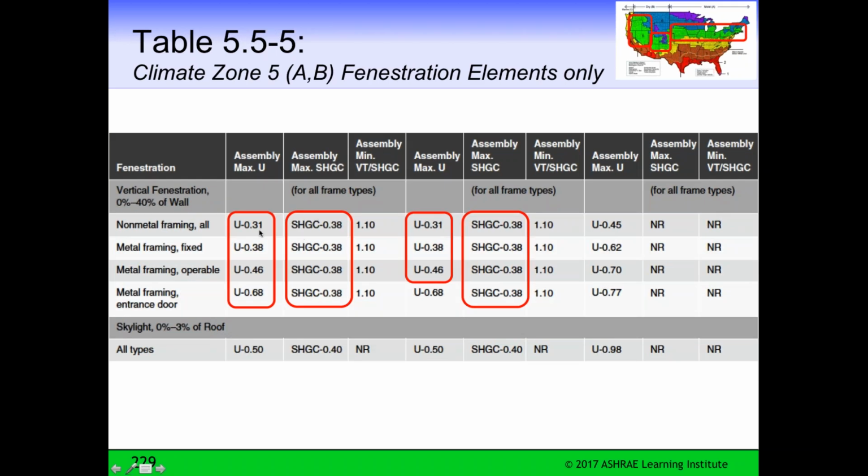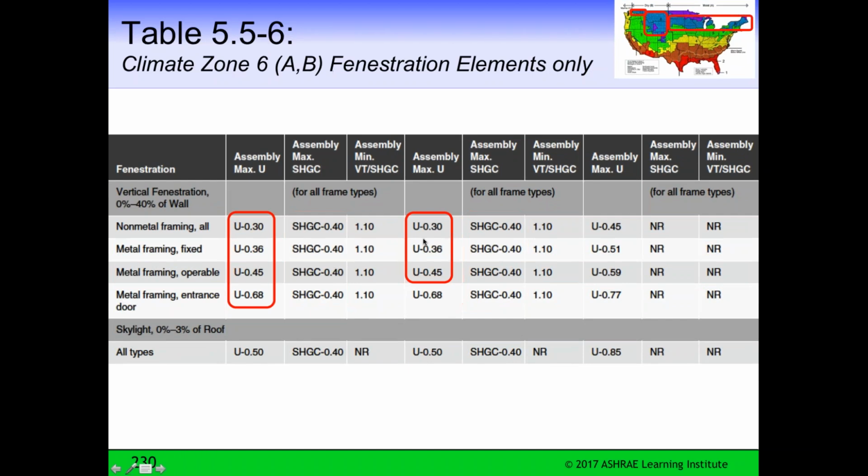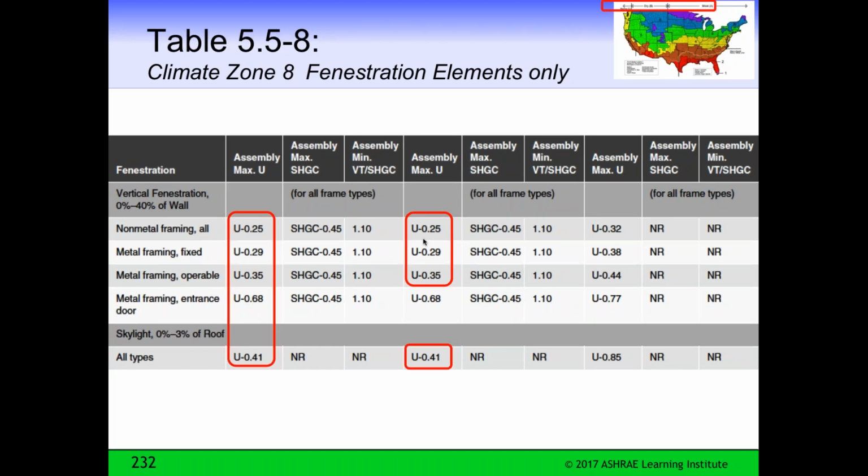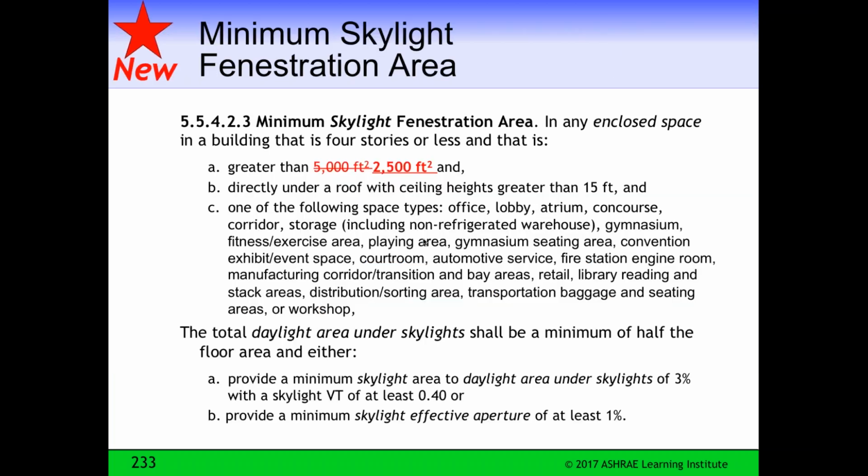And then climate zone 5, as we said before, SHGC has gone from 0.4 to 0.38, and the U factors have gone down somewhat. Here's climate zone 6, U factors only, climate zone 7, U factors only, climate zone 8, U factors only.